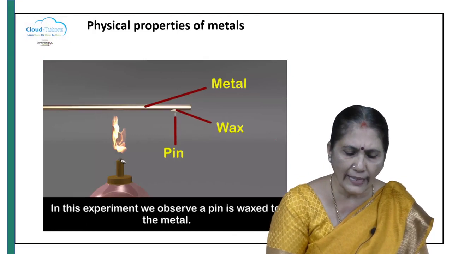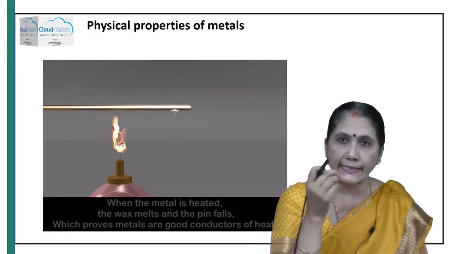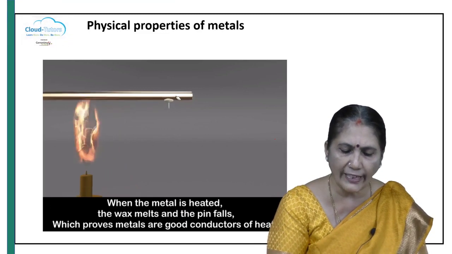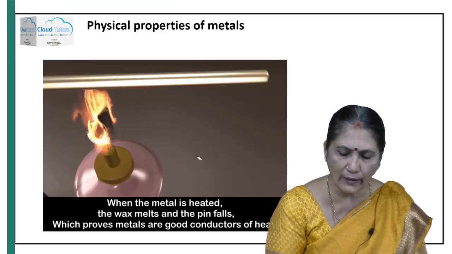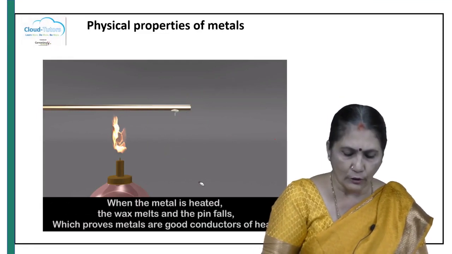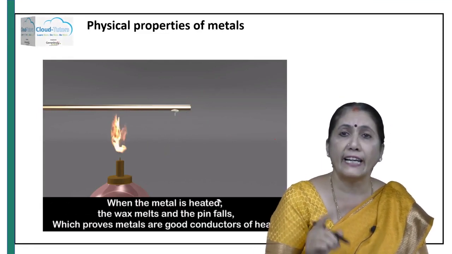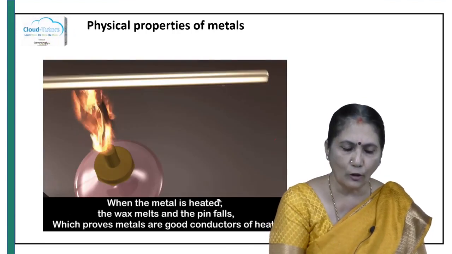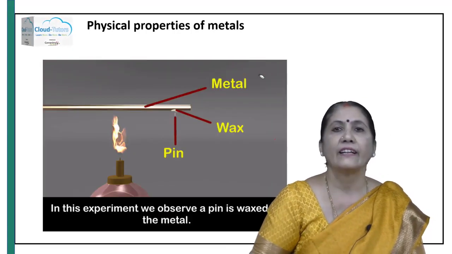Now, as soon as the spirit lamp is lighted and the heat energy is transferred from one end to the other end, you can see the wax will melt and the pin will start falling down. So this experiment generally proves that metals are good conductors of heat.